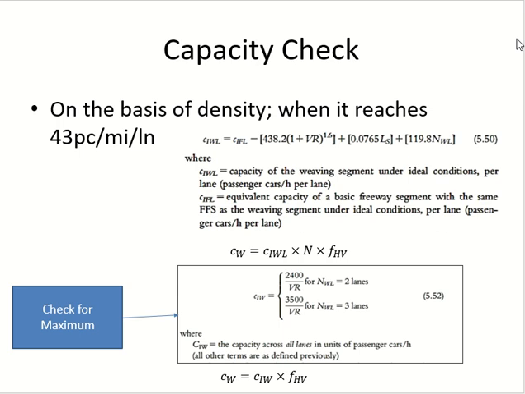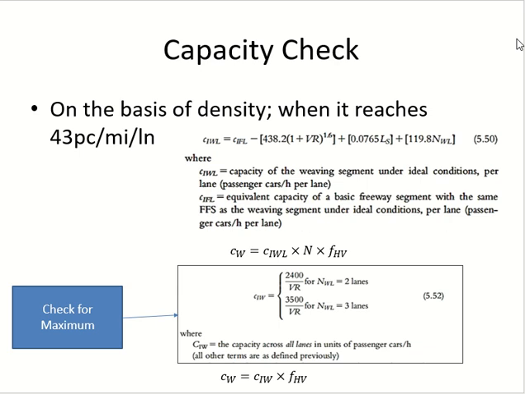Okay, then we have the check. What is the check? This is the check. What is it saying? If you have two weaving lanes, then your total ideal capacity should not be more than this value.